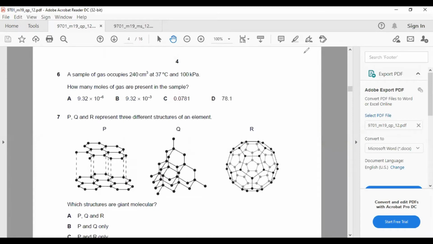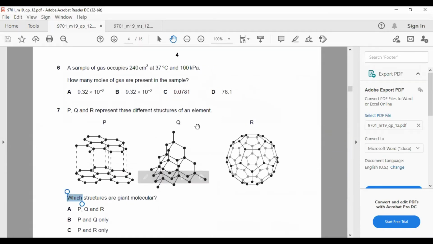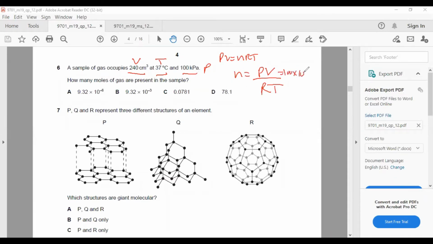Next, number 6. 6 is, I think, quite easy. Volume, temperature, pressure, mole is required. PV is equal to nRT, n is equal to PV upon RT. The only thing is units. Pressure is 100 kilopascal multiplied by 1000.